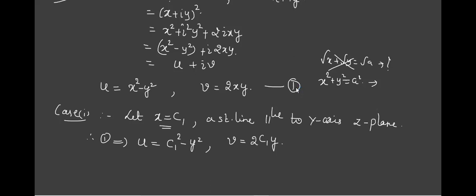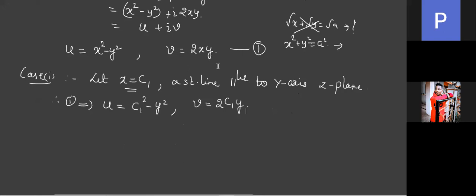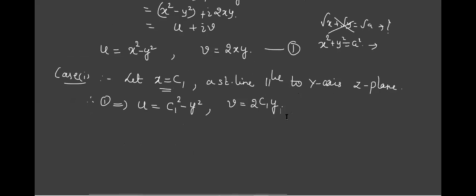Now, I can tell about the equation, but in the w plane, do you have a y? In the w plane, do you have y? No, ma'am. Surely no. It is present only in the z plane. So what should be our intention now? The value of y we have to take and eliminate it.